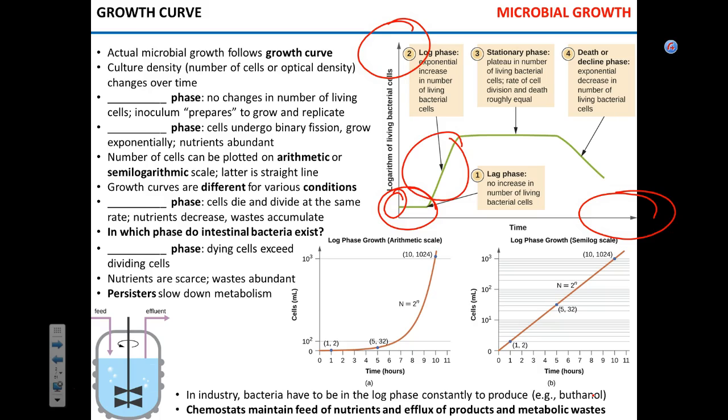Now, the growth phase, or logarithmic phase, can be plotted, can be put on the graph in 2 ways. One is traditional, using an arithmetic scale. So you have time on the x-axis from, say, 0 to 11 hours. And on the y-axis, you have number of cells. So this is 100. This little fragment on the bottom is 100. And then this much bigger is from 100 to 1,000.